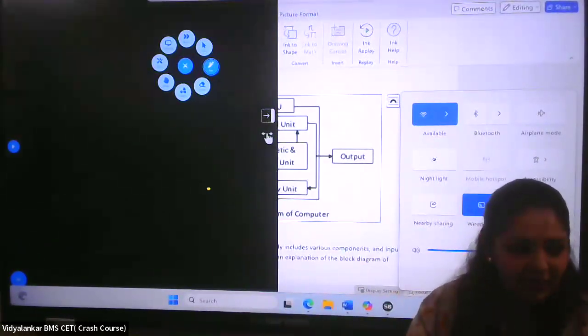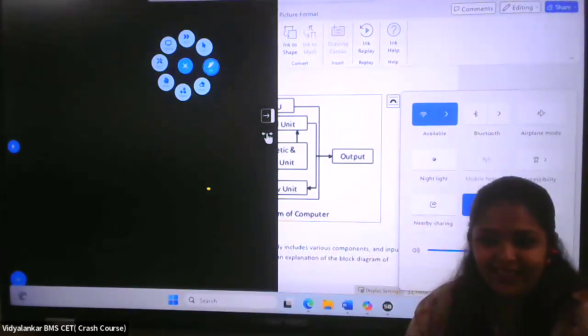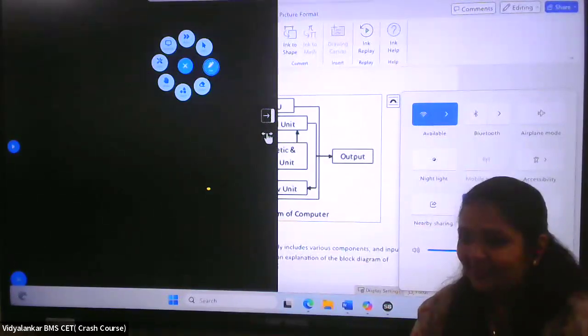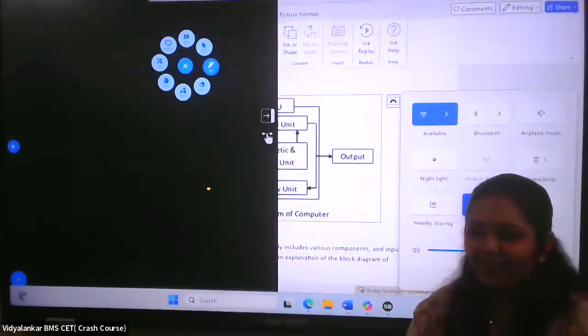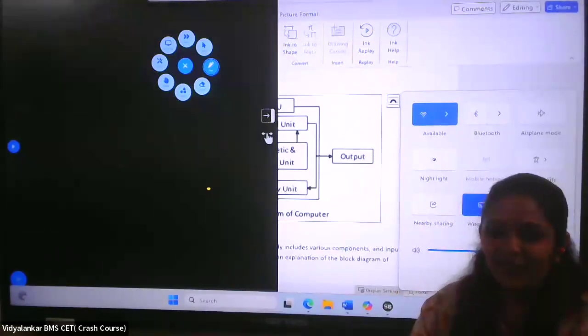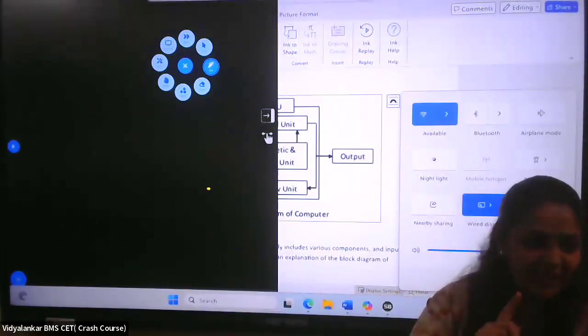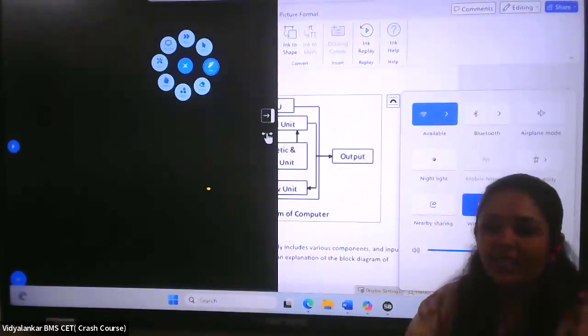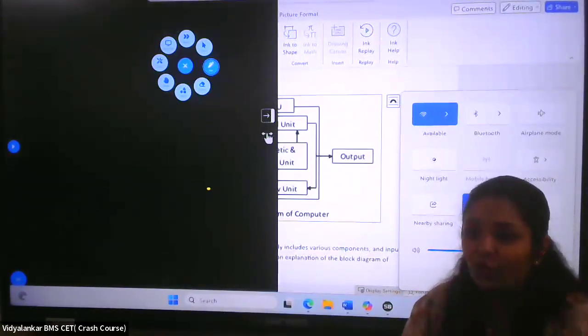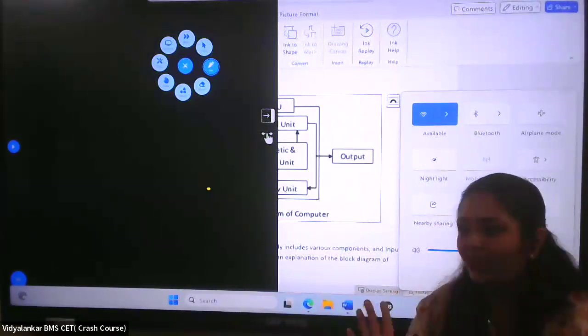Have you ever used notepad? What is the extension? No, not .doc. That belongs to Word. Your notepad has text because you cannot put images in it. It's only text. That is why it is .txt.